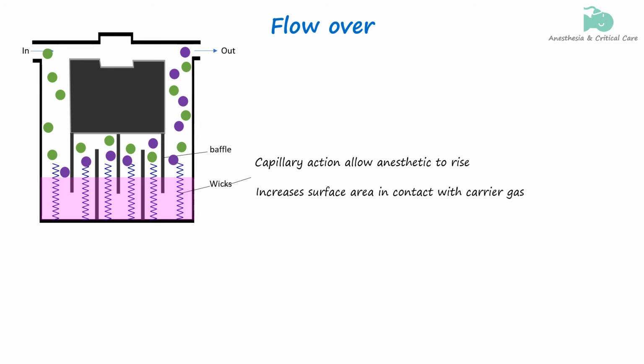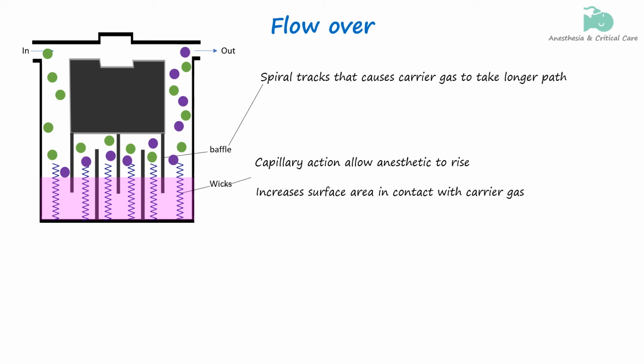This enhanced surface area improves the efficiency of vaporization, allowing more molecules of the anesthetic to escape into the gas phase. The design of the vaporizer often includes baffles or spiral tracks that direct the flow of carrier gas.